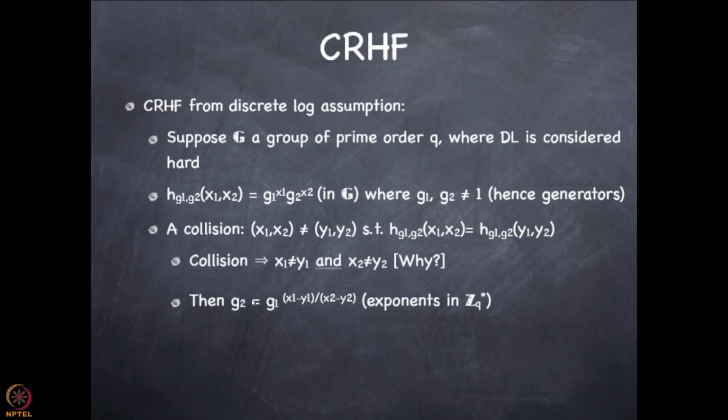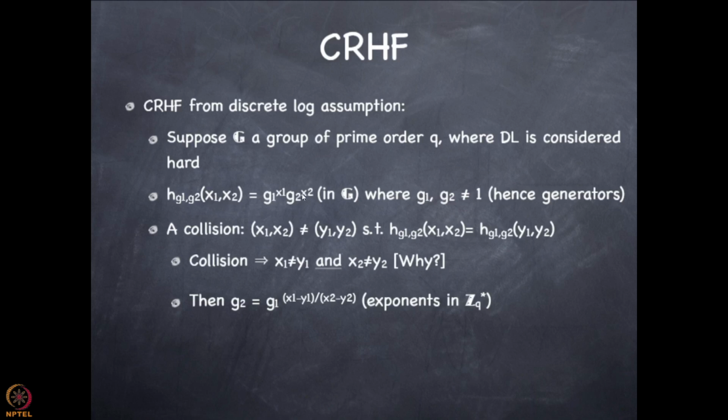I can write down this expression, g1 to the x1, g2 to the x2 equals g1 to the y1, g2 to the y2. You bring things with g1 on the right hand side, things with g2 on the left hand side.